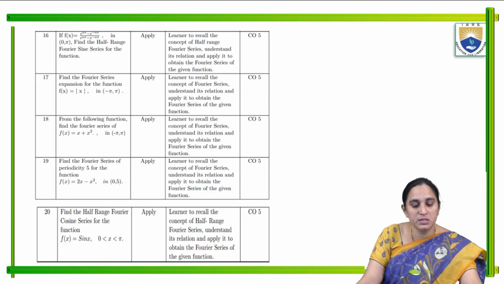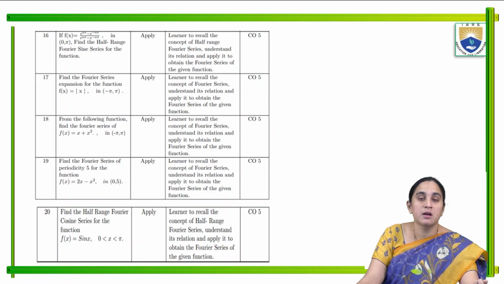Next, 17th question, find the Fourier series expansion of the function f of x is equal to modulus of x in minus pi comma pi. Here the limits are minus pi comma pi. First of all, we have to verify whether modulus of x is an even or odd function. Modulus of x is always an even function.